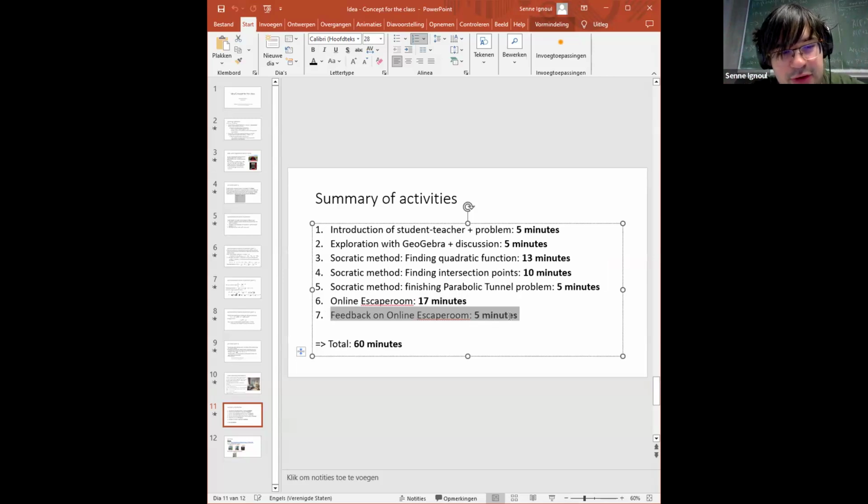I don't know if the feedback on the online escape room depends a bit on what they're like. Do you want them to type in the chat, or do you prefer them filling in a Google form? Oh, with feedback, I meant I give them feedback on their results. But if they want to give feedback, that's maybe a good idea.